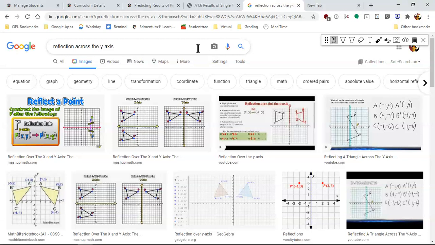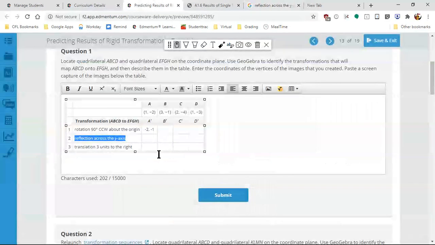Translation is pretty obvious. If you're going up, you're adding to the y. If you're going down, you're subtracting from the y. If you're going to the left, you subtract from your x. If you're going to the right, you're adding to your x. So translation is one of those rules that it's easier to do on paper than it is to do on GeoGebra. It's very weird how it's the opposite. It's easier to do the rules there.